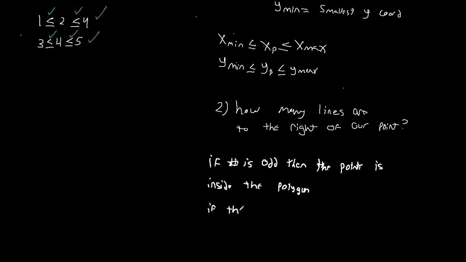If the number is even, then the point is outside the polygon.